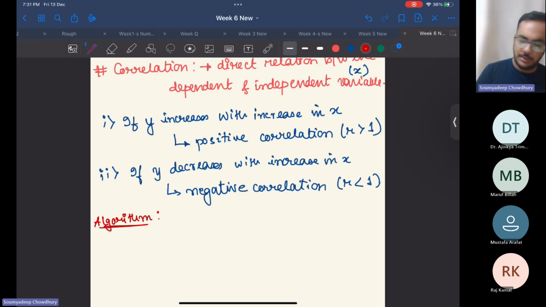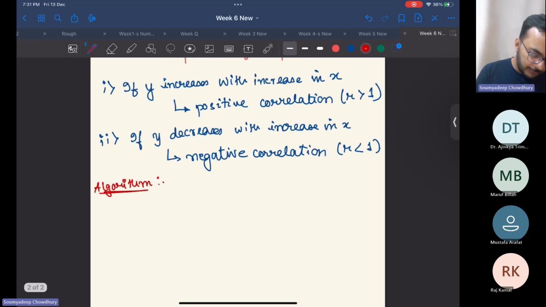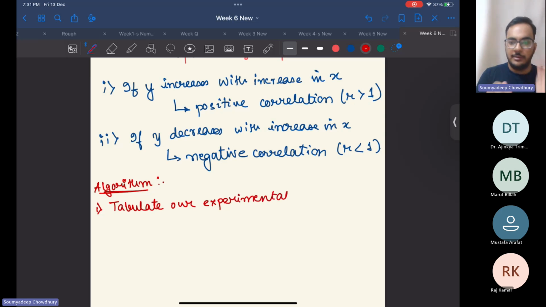So what is the basic algorithm? The first step is we tabulate our experimental data. Whatever data you have, you just tabulate it properly, with the independent variable in one column and the dependent variable in another column.